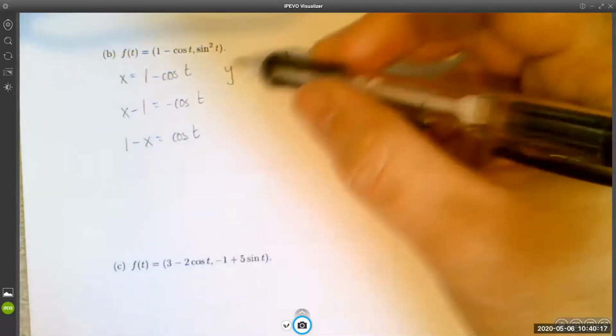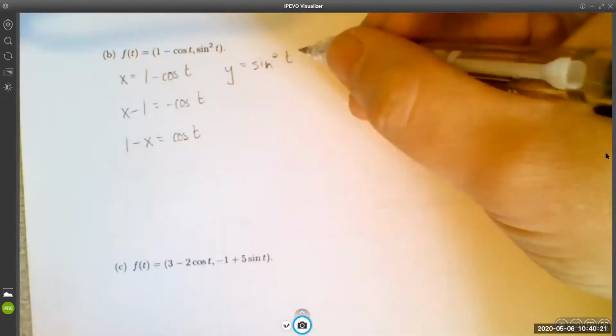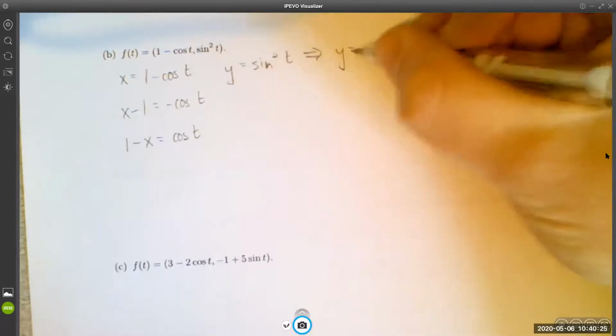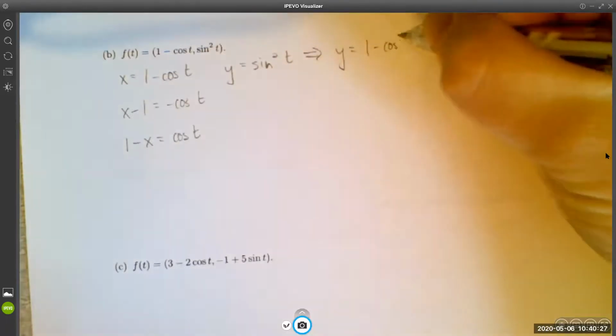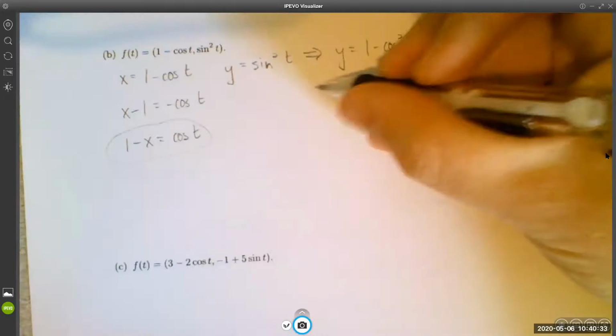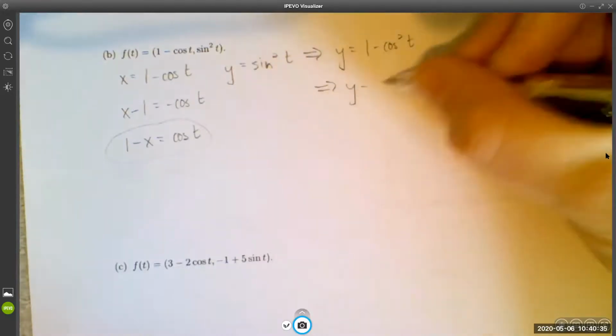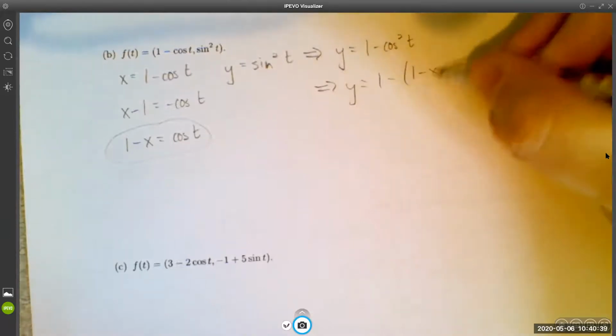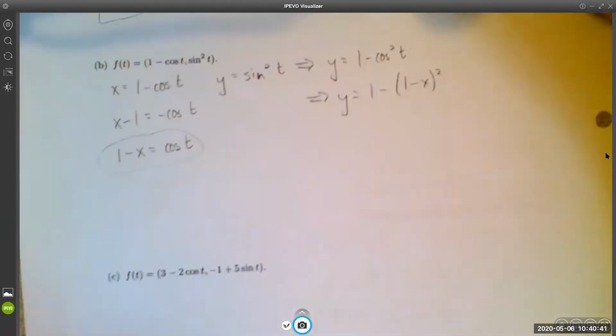Okay, so now I can plug that into this top one, right? Because if y equals sine squared t, then that means that y is 1 minus cosine squared t. Well, I know that cosine t is 1 minus x. So this means that y is 1 minus x squared. Right? Do you see that?